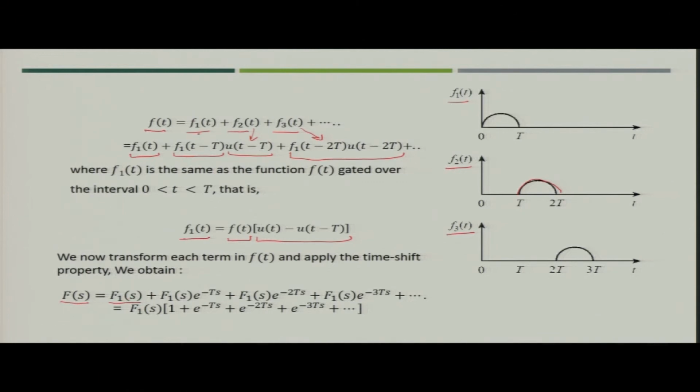Then we will use the time shift property, and we will write the Laplace transform of the second term, which will become F1(s) e^(-Ts). For the third term, it will become F1(s) e^(-2Ts), and so on. So, finally you will get one expression which is F1(s), and within brackets you will get 1 plus e^(-Ts) plus e^(-2Ts), and so on.